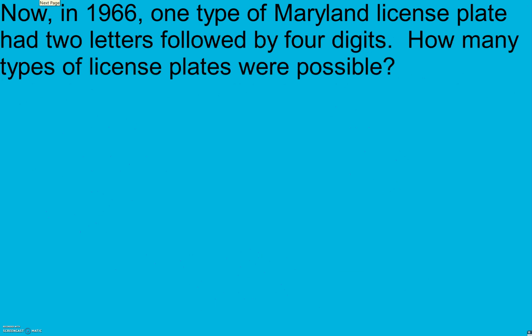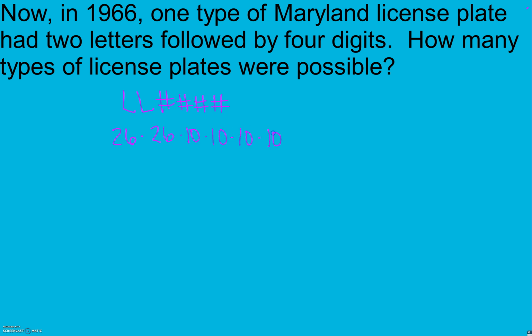Now, in 1966, one type of Maryland license plate had 2 letters followed by 4 digits. So it was 2 letters and 4 numbers. How many types of license plates were possible? We have 26 possible letters, A to Z, so we're going to multiply those. Numbers, we have 10, 0 to 9.